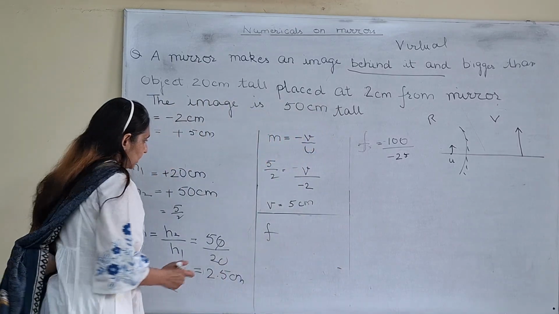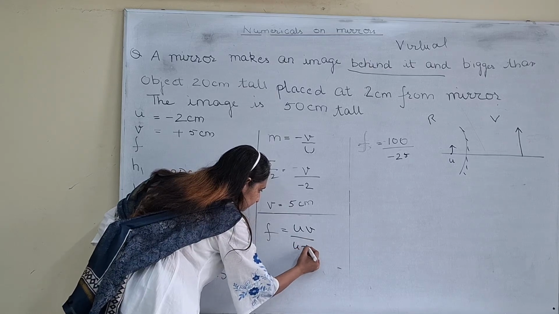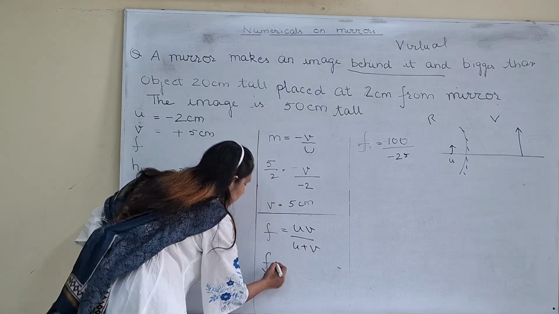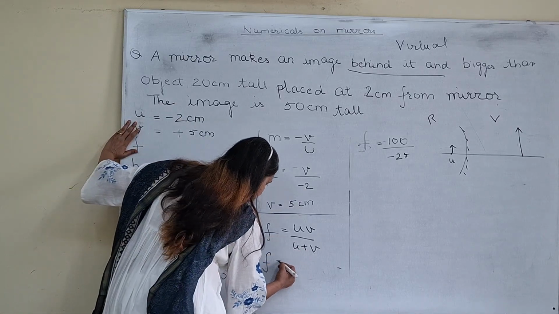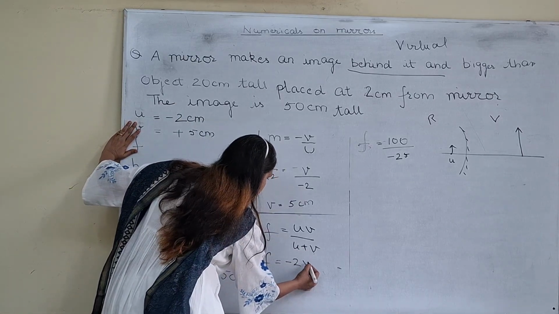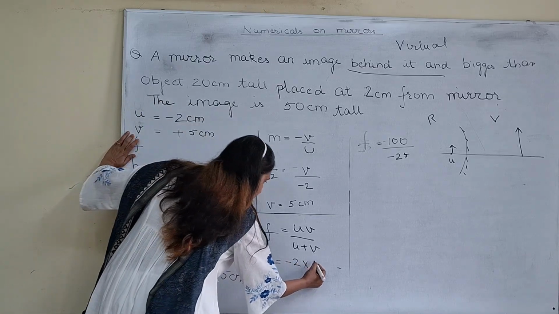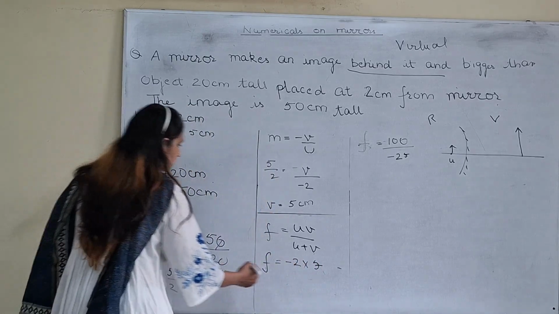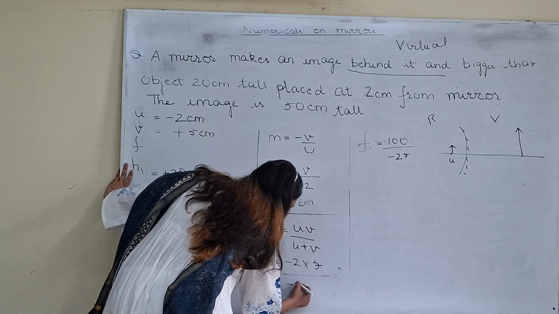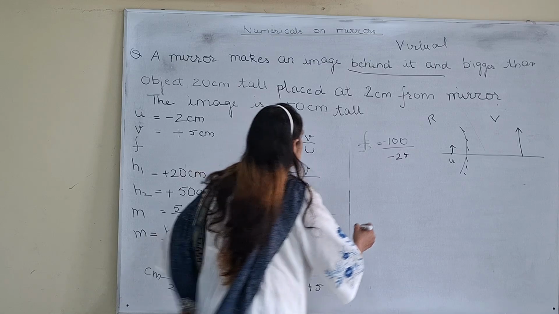Okay, let's see. So uv upon u plus v. Let's put in the values. u is how much? u is minus 2 into what is v? Plus 5. And u plus v becomes minus 2 plus 5. Let's calculate it.